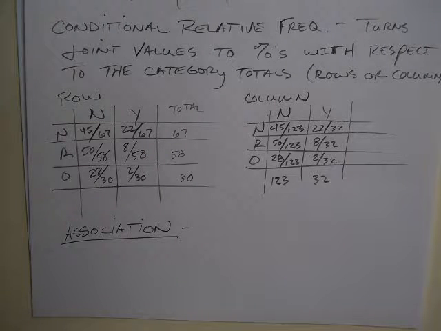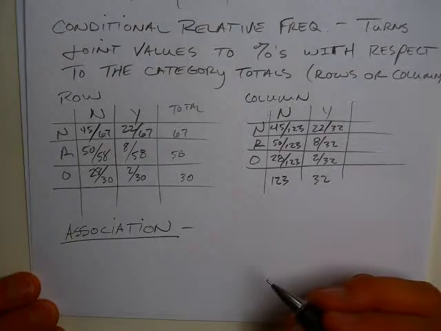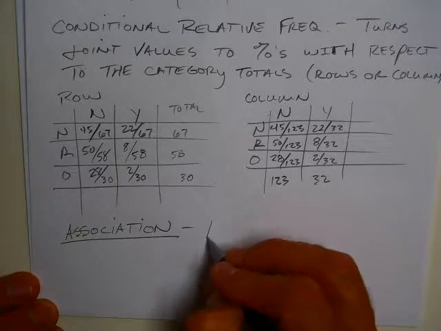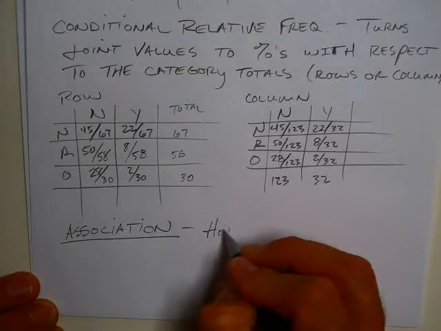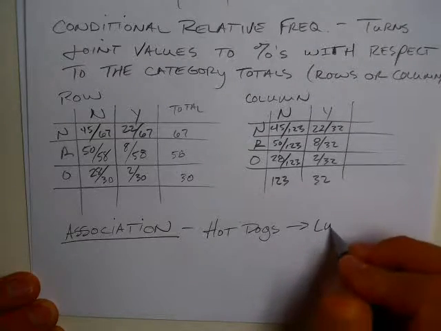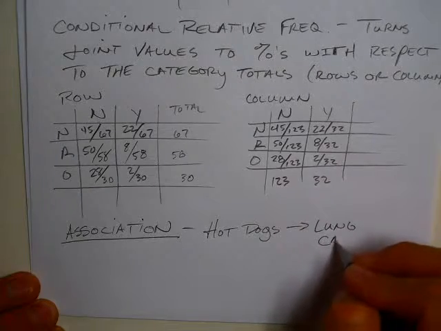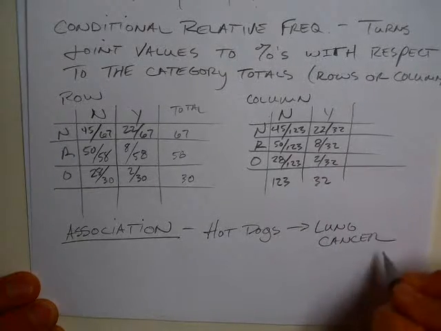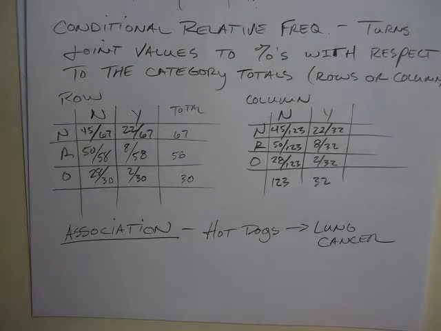Good answer. So when we're thinking about association, I want you to think back to this. I'll use this reference a lot. Hot dogs and lung cancer. Do they cause it? No, they don't.